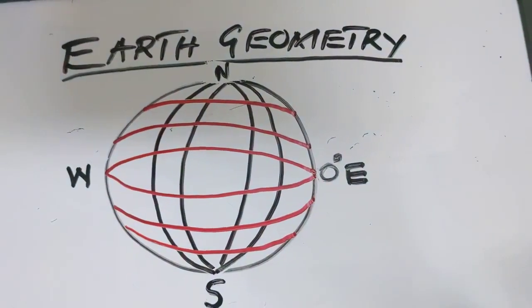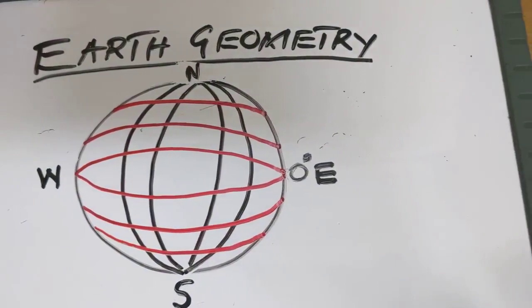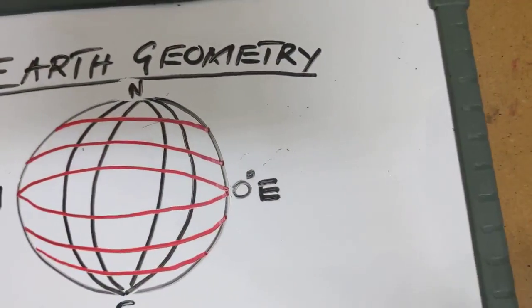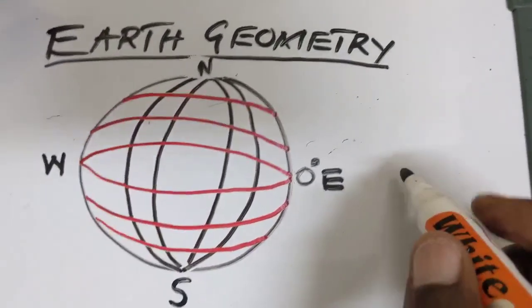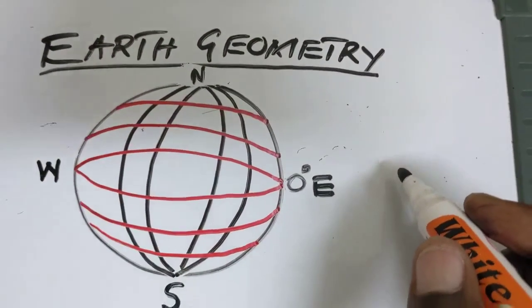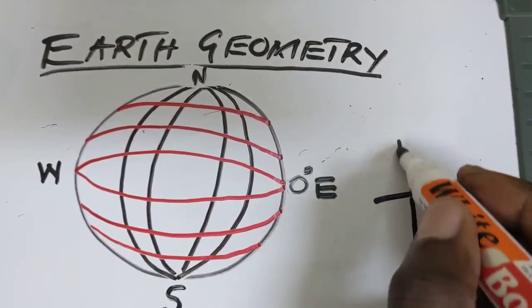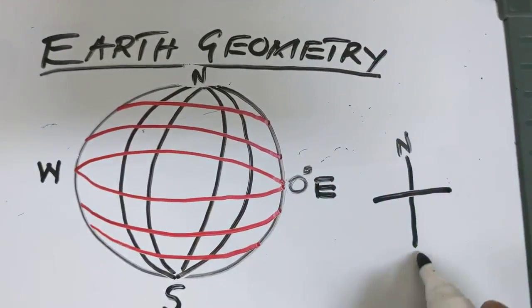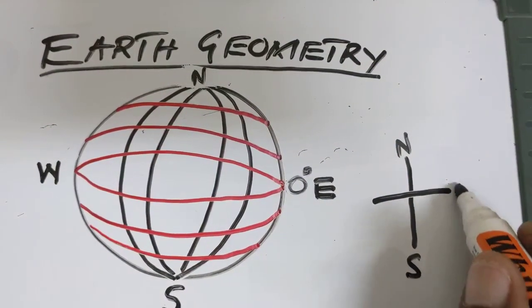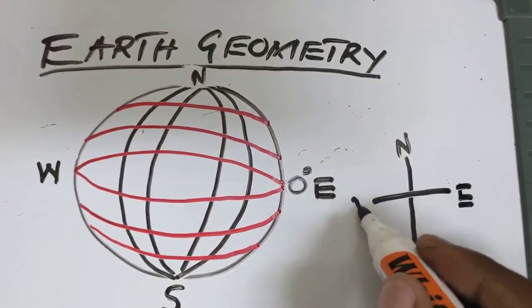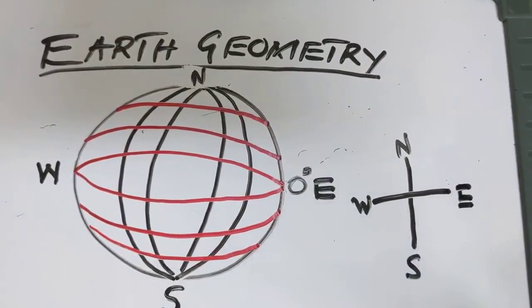These directions actually come from the compass. I'm sure most of you know the compass. A compass looks like this. It has north right here, south there, east, as well as west.